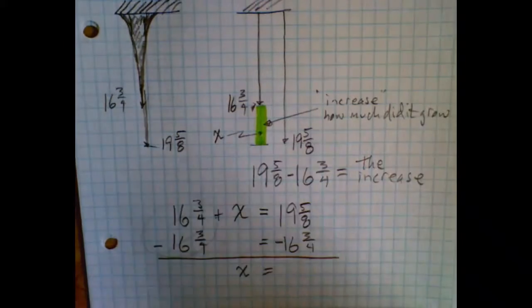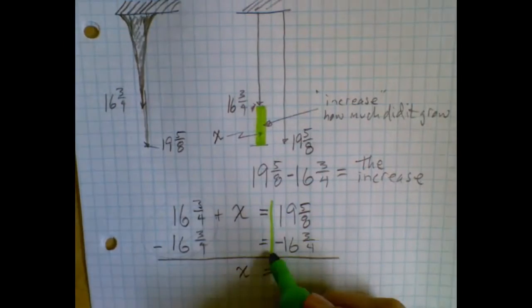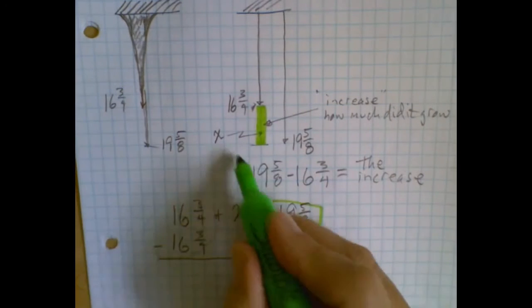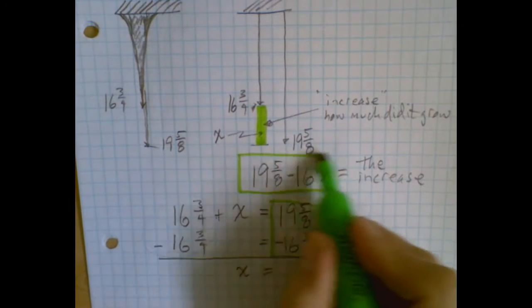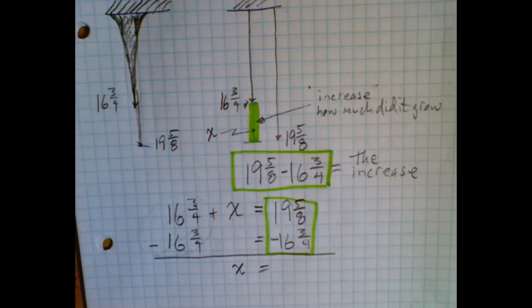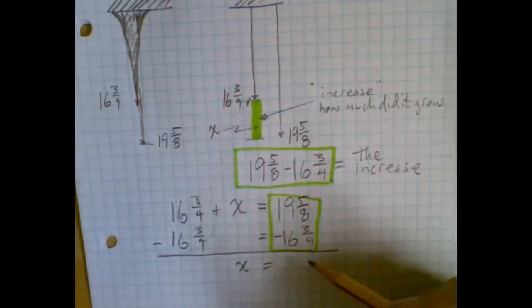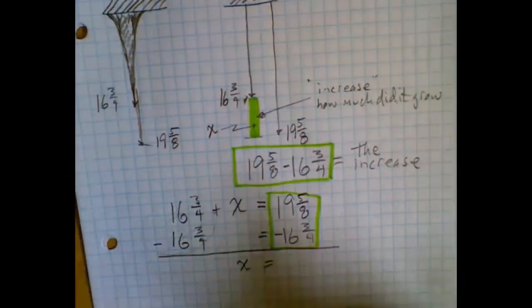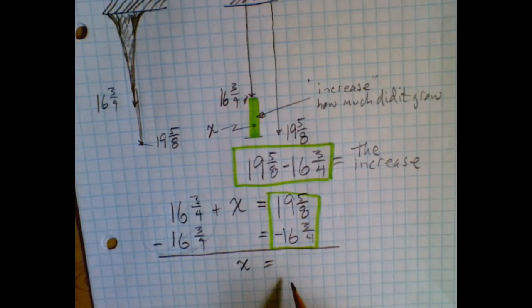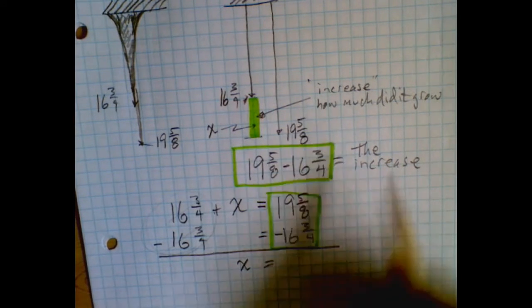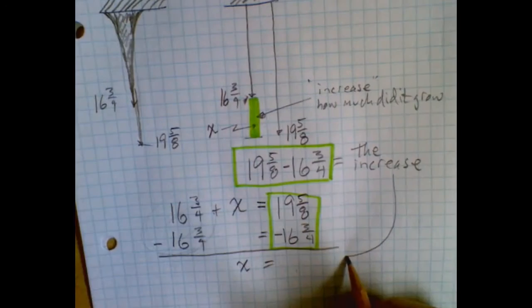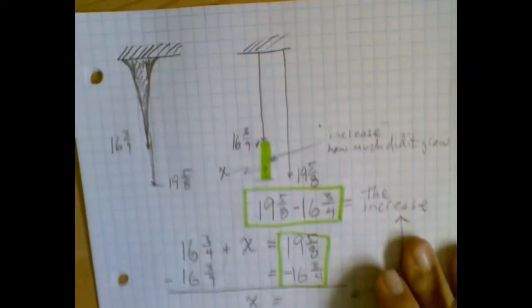Well, that is exactly the same problem that I did here. When I do this, I'll have a solution for x. What will the solution mean? It'll mean the same thing here as it did here. It will be the increase in the icicle.